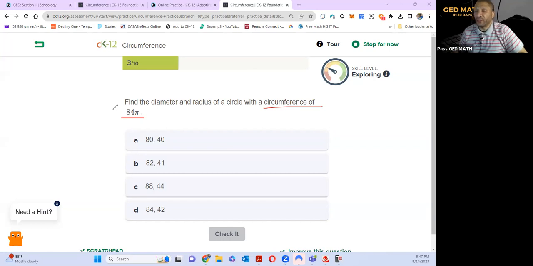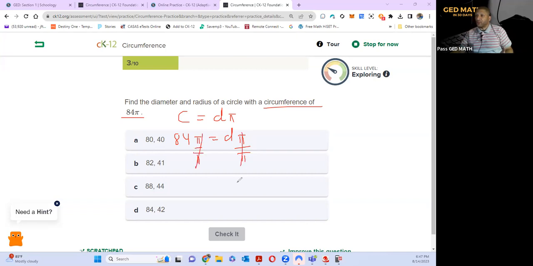What's my formula to find the circumference of a circle? I'm going to go to my formula. So C equals D times pi. They gave me the circumference, so 84 pi equals D times pi. If I divide both sides by pi, they cancel. My diameter is 84.